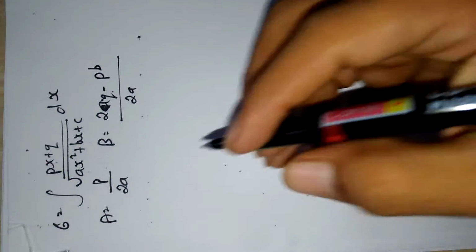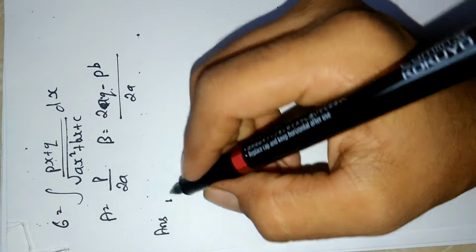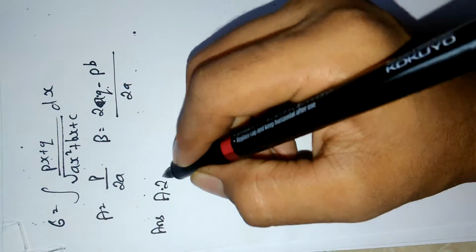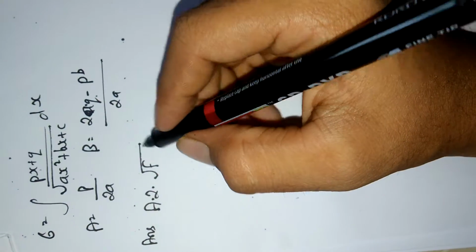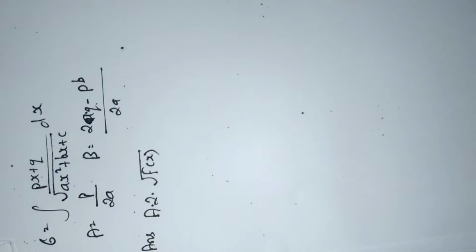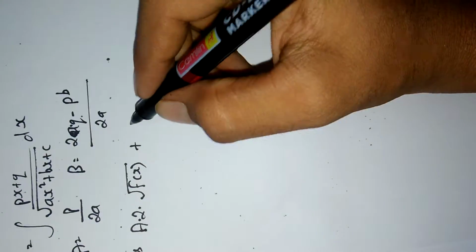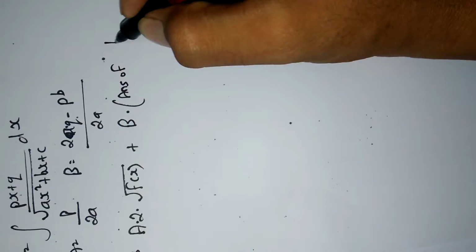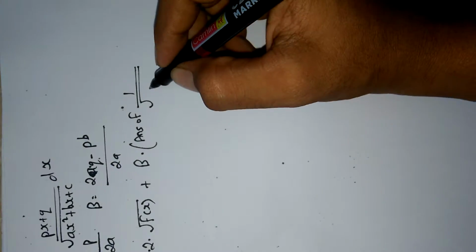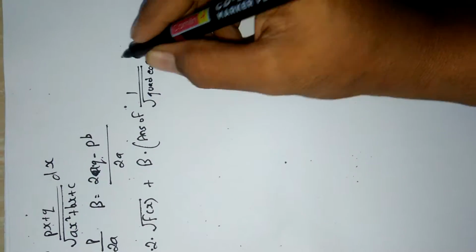So our final answer would be a into 2 into f of x plus b into the answer of 1 upon under root of the quadratic equation, and that's it.